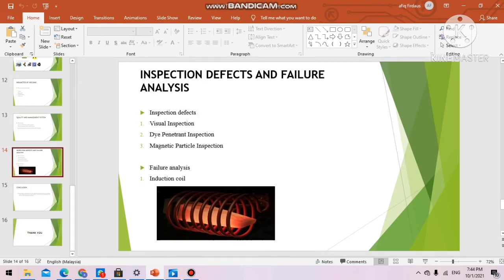For the inspection, defect and failure analysis. Inspection methods used in induction welding: the first one is visual inspection. The second one is dye penetrant inspection. And the third one is magnetic particle inspection. Failure that usually occurs in induction welding is induction coil failure.